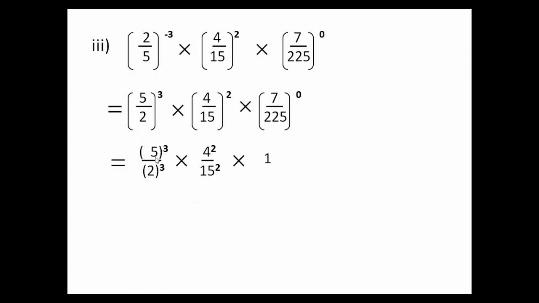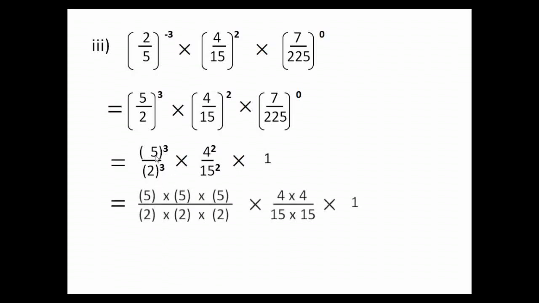Then it means 5 multiplied 3 times by itself, 2 multiplied 3 times by itself, 4 multiplied twice, and 15 multiplied by itself twice. So this will result in 5 5s are 25, 25 5s are 125, 2 2s are 4, 4 2s are 8, 125 by 8, here we have 16 and 225.